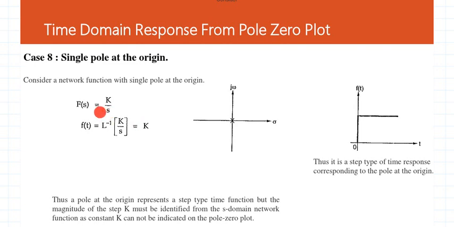A single pole results in the term s in the denominator, so s equated to 0 gives us a pole at the origin. The inverse Laplace transform of it is a constant, resulting in a step type of time domain response corresponding to a pole at the origin.